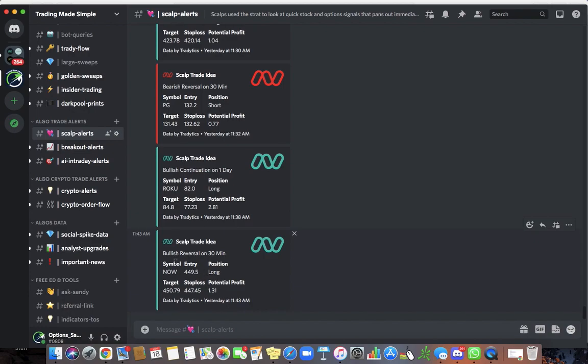So this is a bullish reversal Strat on a 30-minute chart. It tells you the symbol, the ticker, and the entry. It's telling you to get in at 449.50, a long position. Now, the Strat is really a combination of inside bars and outside bars. If you want to, you can Google what the Strat strategy is. I've learned it.